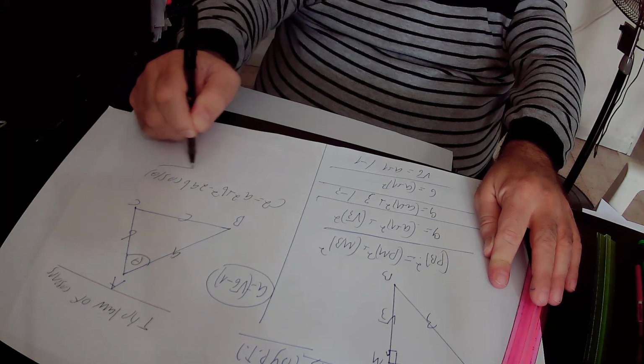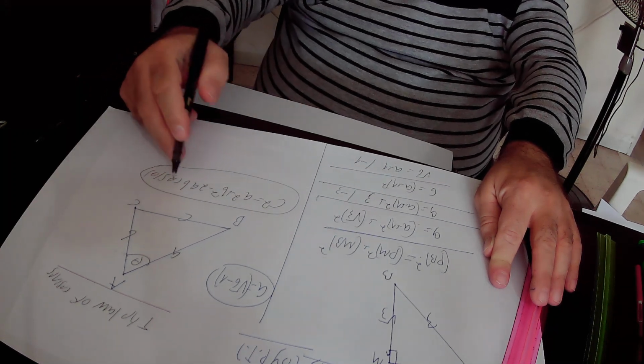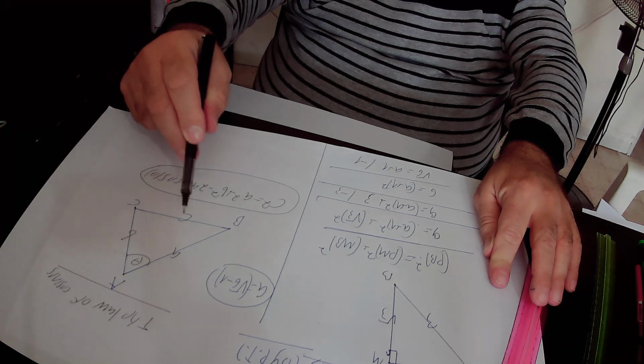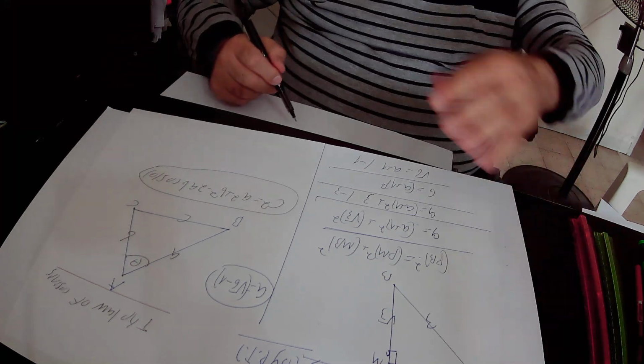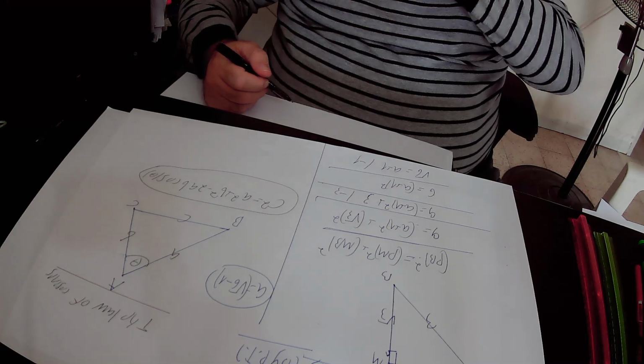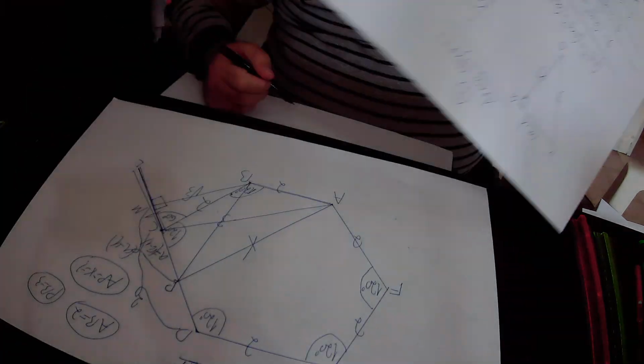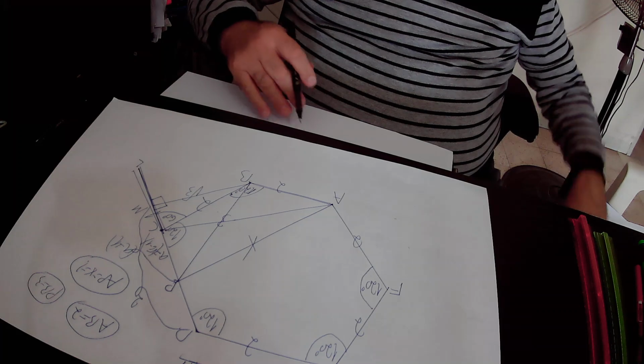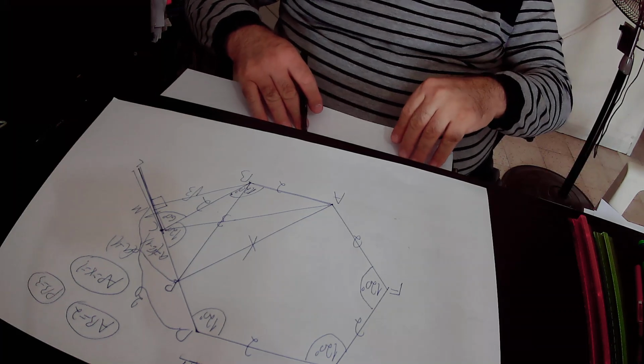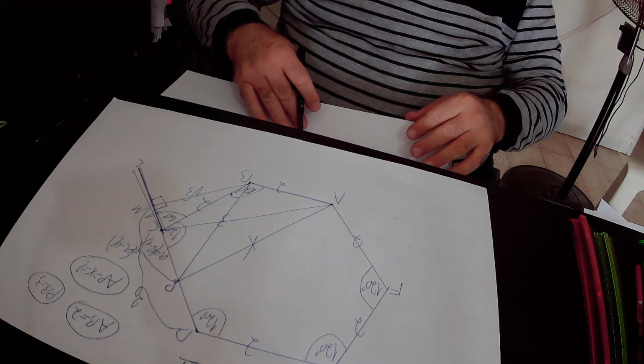So in any triangle, C squared equals A squared plus B squared minus 2 times A times B times cosine theta. We will implement the law of cosines in our triangle ABC. So I will copy triangle ABC in a new page, and we will implement on it the law of cosines.